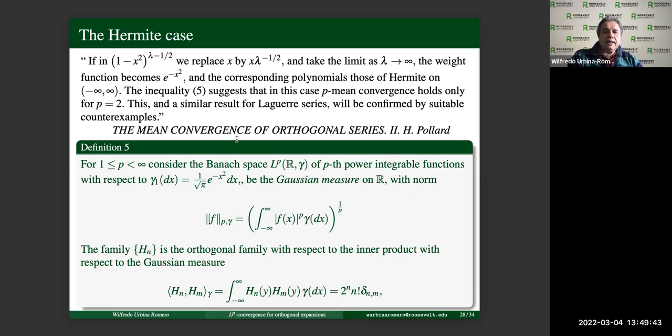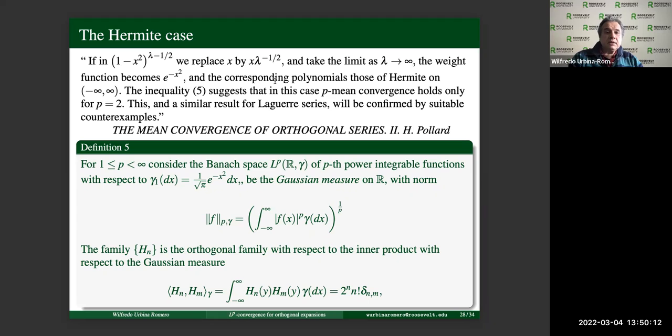Nevertheless, already in his article in 1948, Pollard said this. This is the weight for the Gegenbauer polynomials, right? If we replace x by x over square root of lambda and take lambda tending to infinity, this weight tends to e to the minus x squared, right?